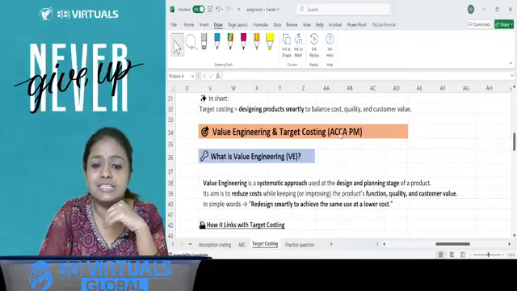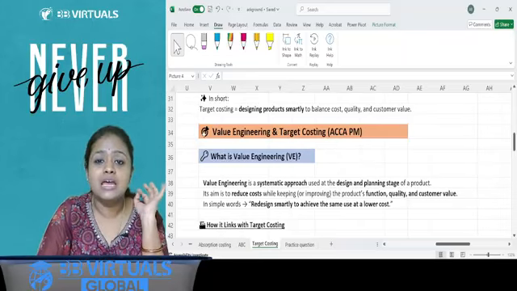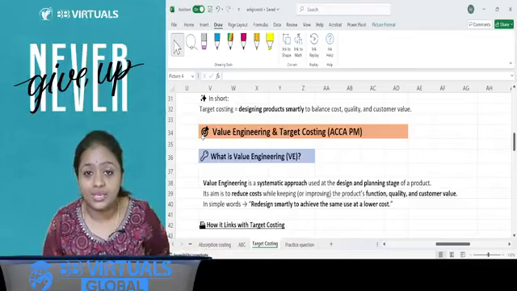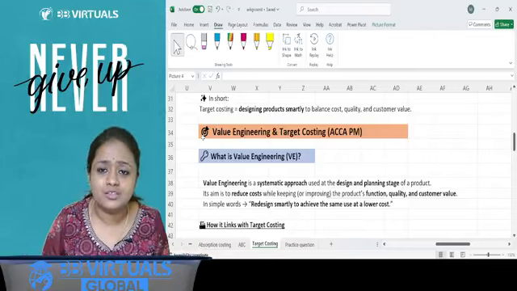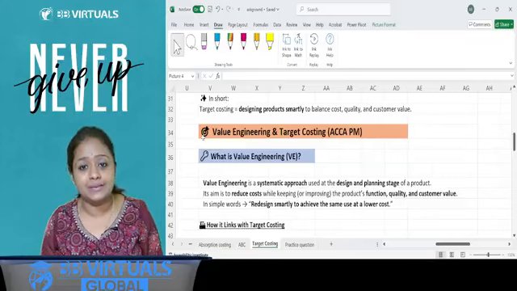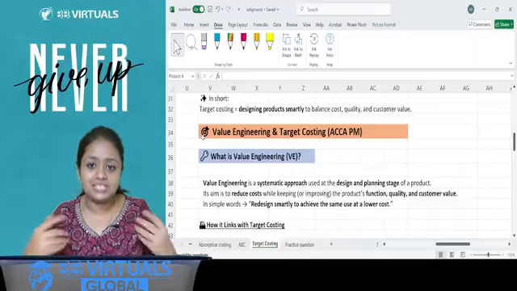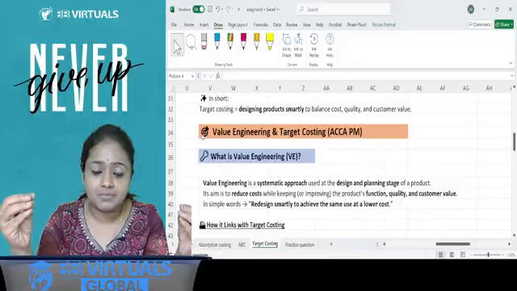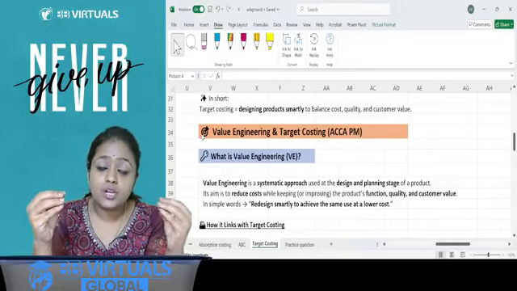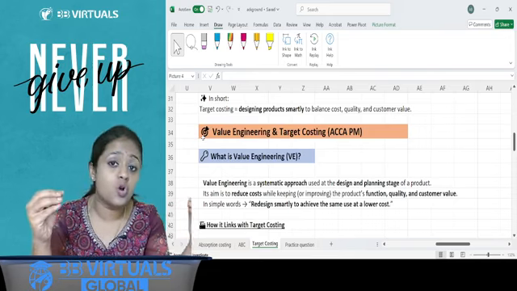And I've written ACCA PM for the core reason that those MA students who may be just following here for their topics, for your syllabus, value engineering is not much relevant. It is more relevant for the PM syllabus. Okay, now, but just have a look. So value engineering means when you have a systematic approach to reduce your pricing, reduce your cost.